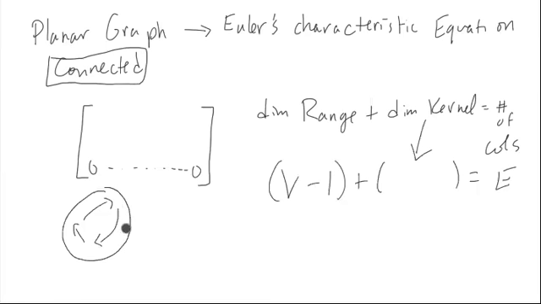It's safe to say that the kernel of the incidence matrix is made up of combinations of cycles, and its dimension is equal to some standard basic cycles that you can add together and take multiples of, and so forth.